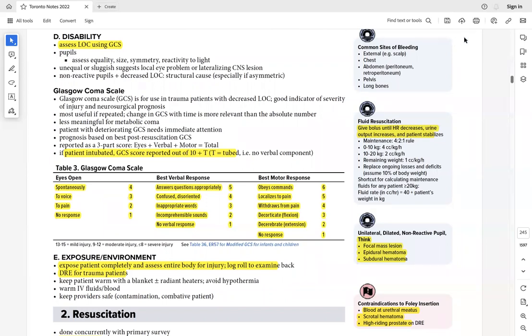On further assessment, to voice she opens her eyes, she is confused and disoriented, and on assessment of the motor response, she gives no response, or she only localizes to the pain.